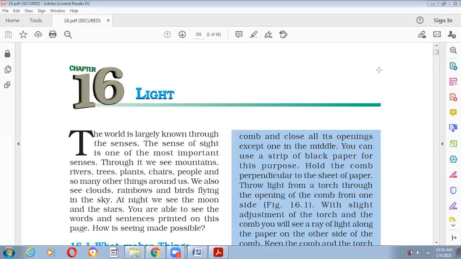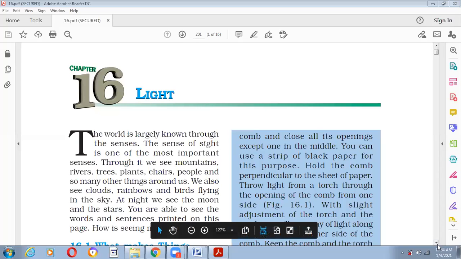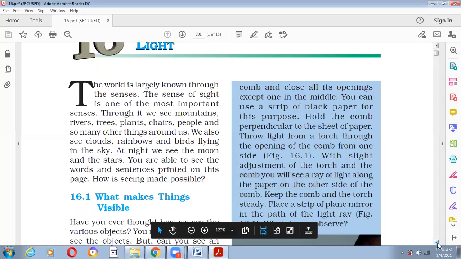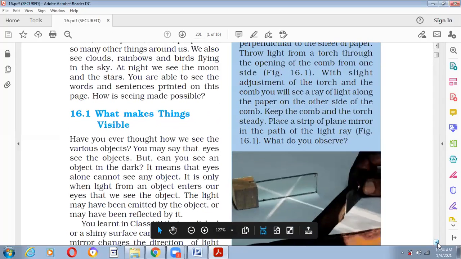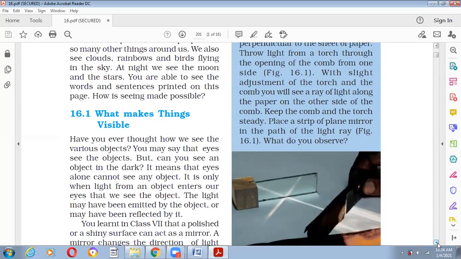Right? At night we can't see, but we can see the moon and the stars. We can see clouds, rainbow, birds flying in the sky. So, what makes things visible? Obviously, one word will come to your mind, that is light.